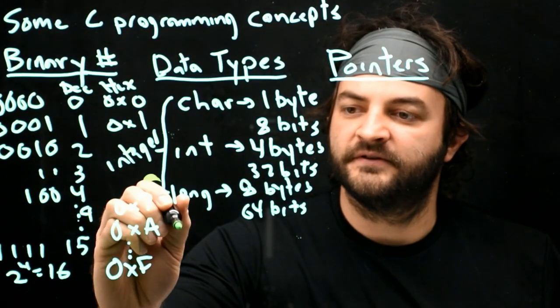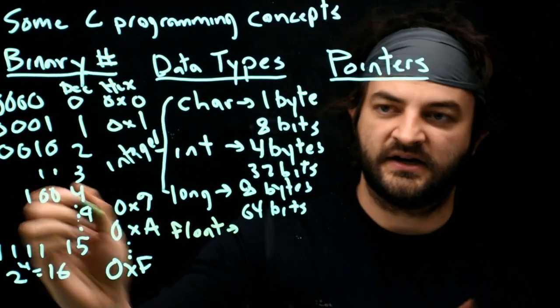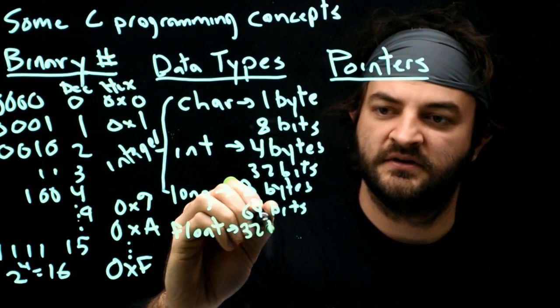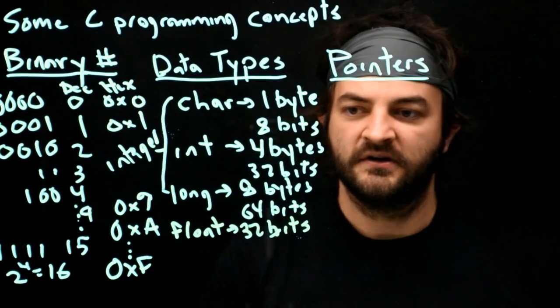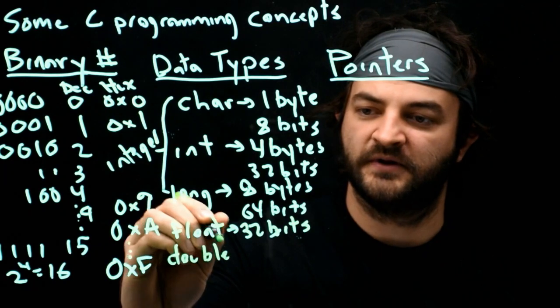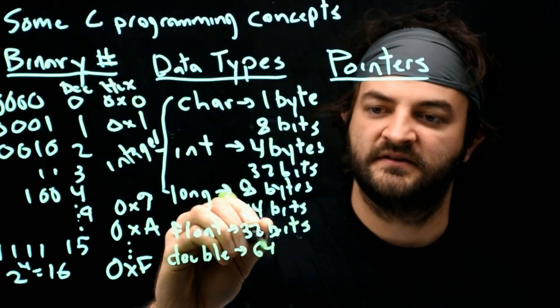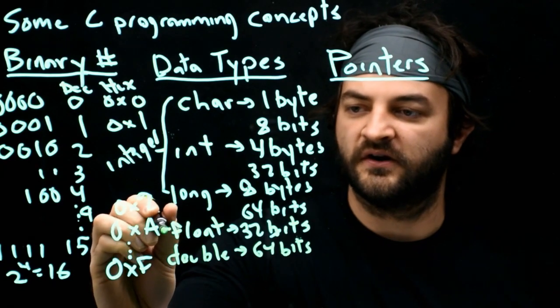We also have the float type variable, which I will define as a 32-bit number. But again, depending on your system, it might be 64. And then the double precision of a float, 64 bits. And these two, of course, are decimal numbers.